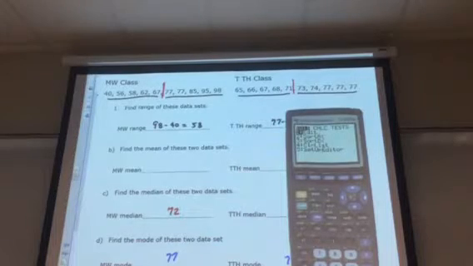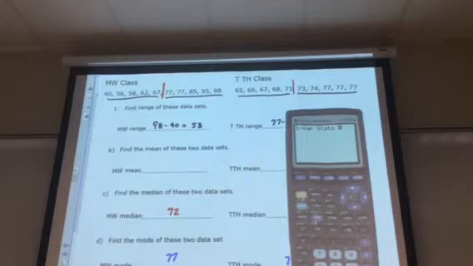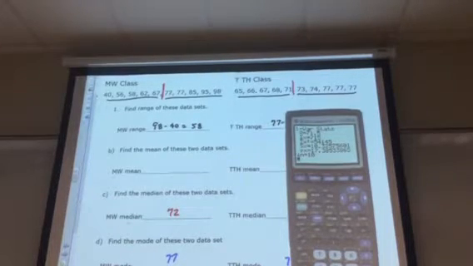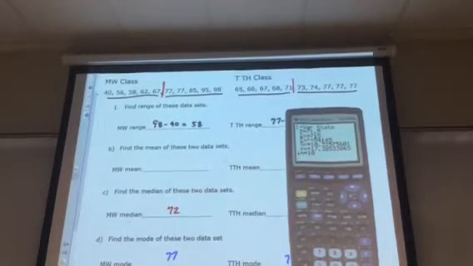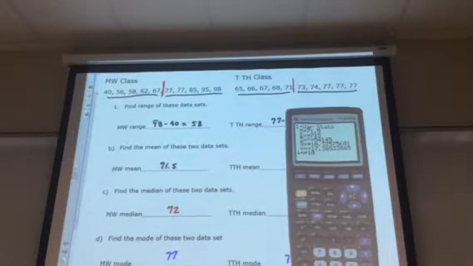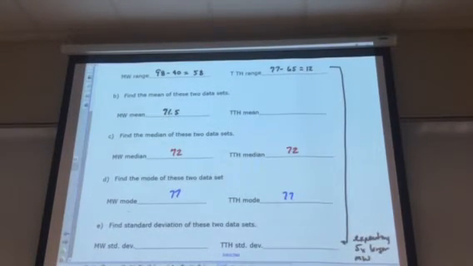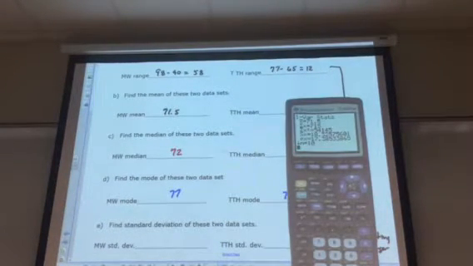Stat, calculate, one variable statistics using the left-hand set of data, which is in my list number 1. Mean value turns out to be 71.5. And while I'm here, standard deviation turned out to be 18.3.